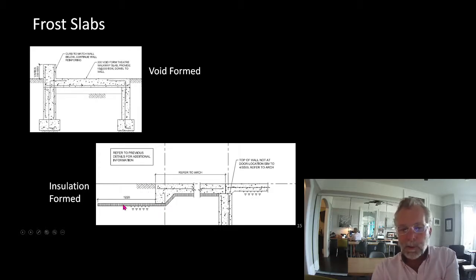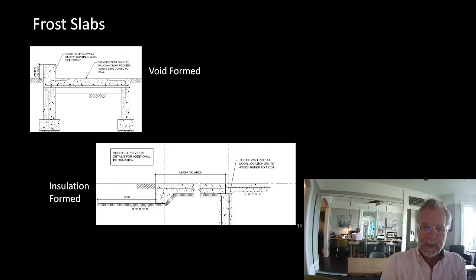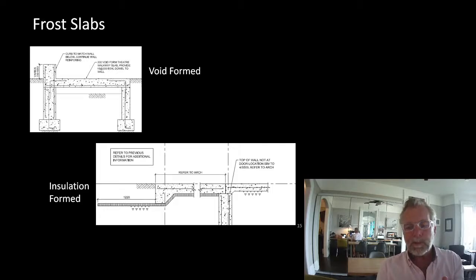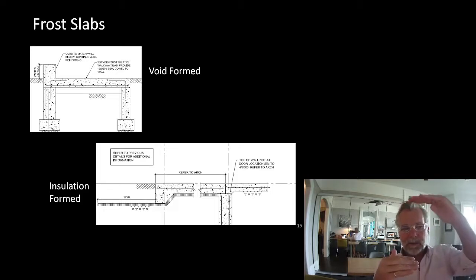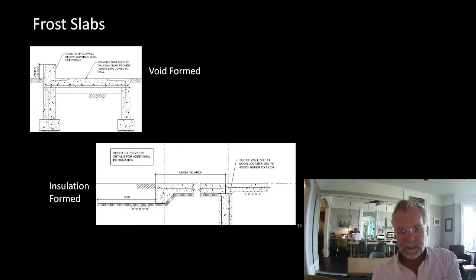There used to always be a rule that 1 inch of insulation was equivalent to 1 foot of soil. So that if we wanted to do the work of 4 feet of frost cover, we would need 4 inches of insulation. That is a nice round number. It's very convenient, but in fact it's very conservative.